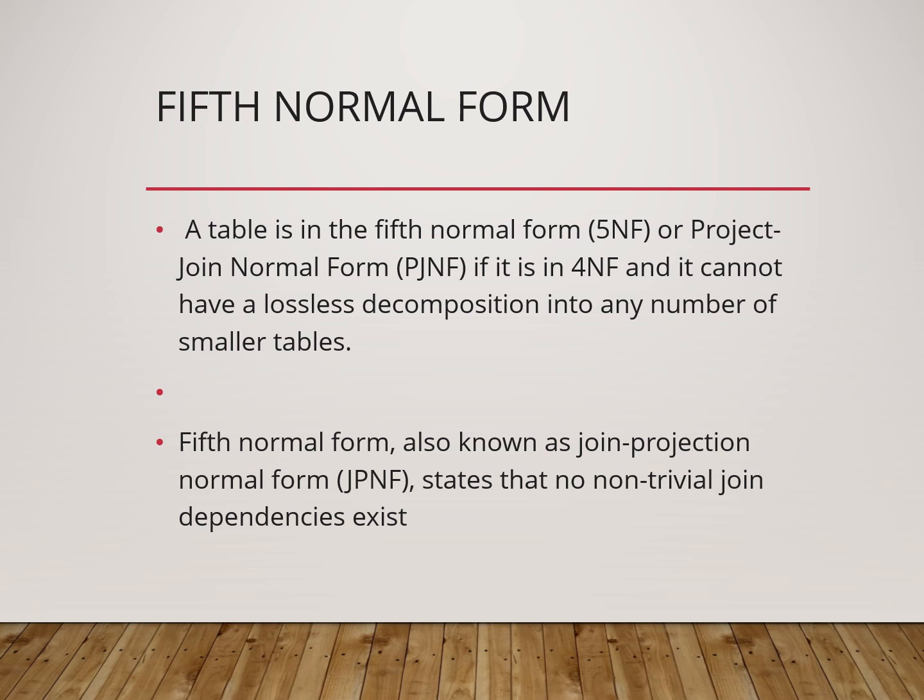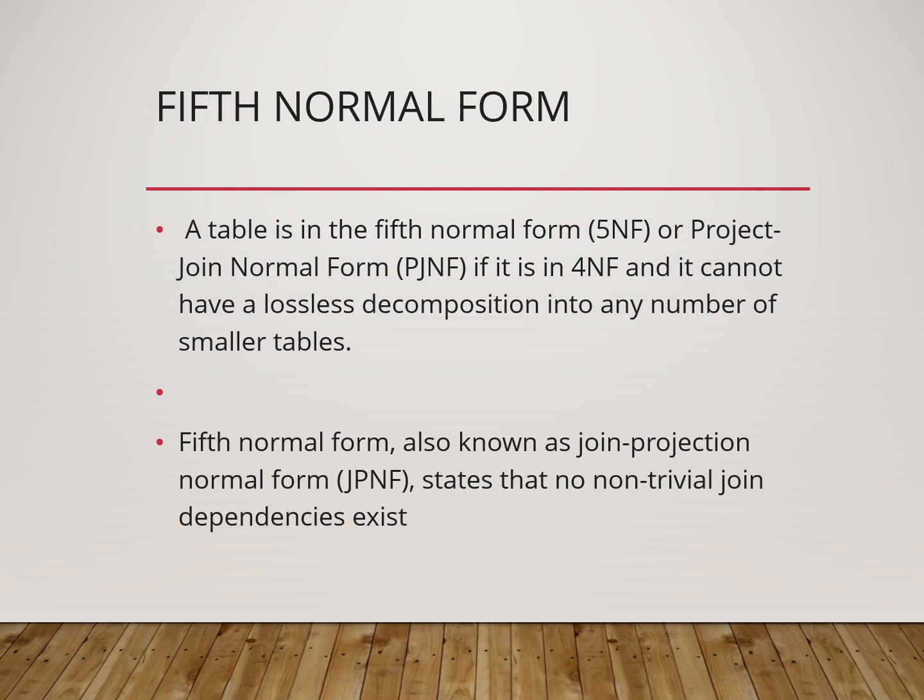In between all the tables we have some join projection, that's why we call it project-join normal form, and it should not have any trivial join dependencies. Simply, fifth normal form should satisfy fourth normal form and it cannot have a lossless decomposition.